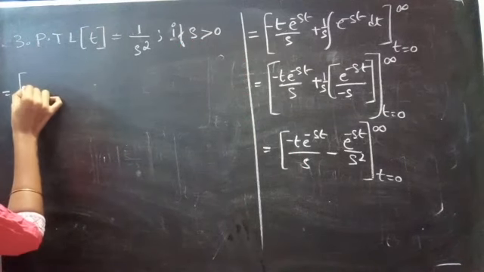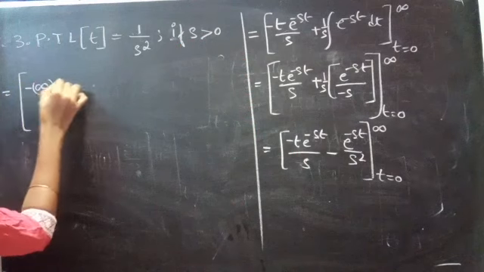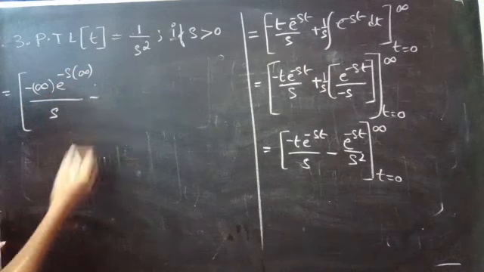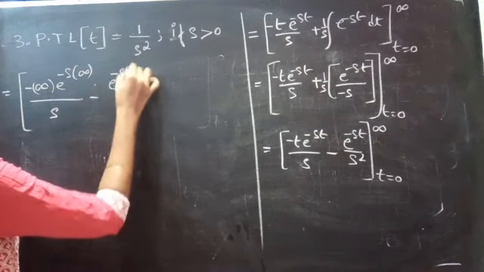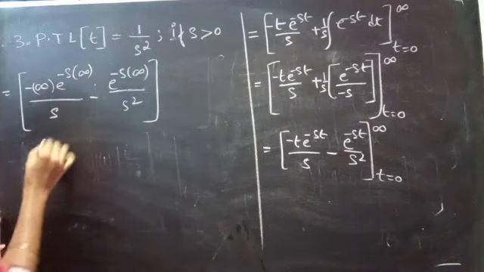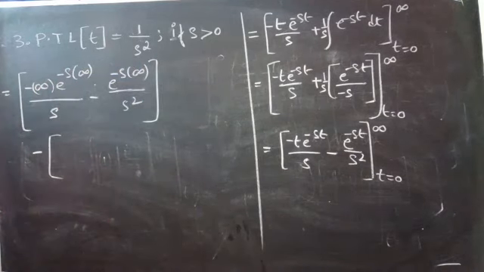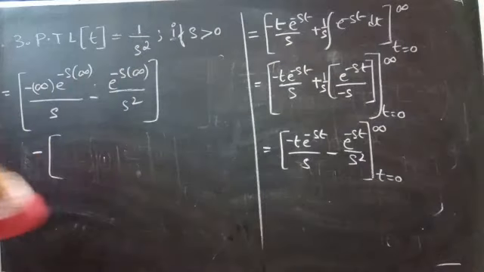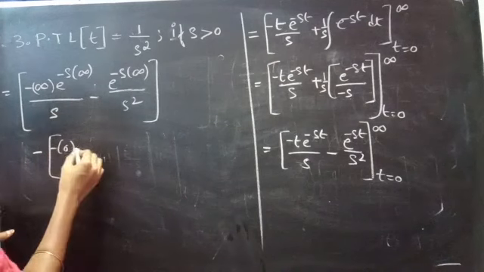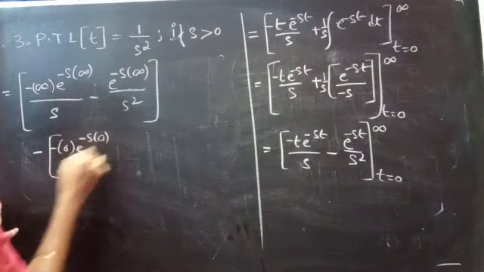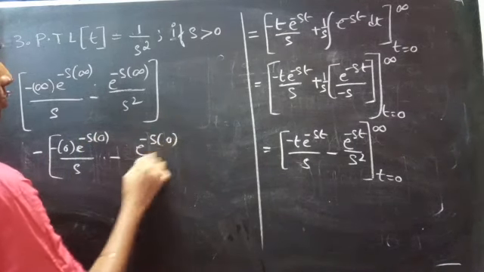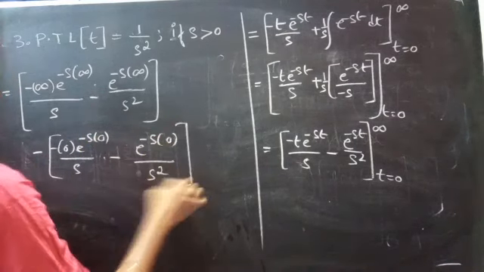For t equals infinity, minus infinity into e power minus s into infinity divided by s, minus e power minus s into infinity divided by s square, minus, now we'll apply the lower limit t equals 0: 0 into minus into 0 into e power minus s into 0 divided by s, minus e power minus s into 0 divided by s square.